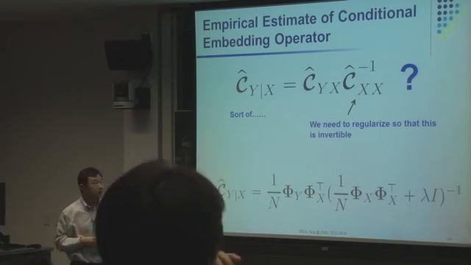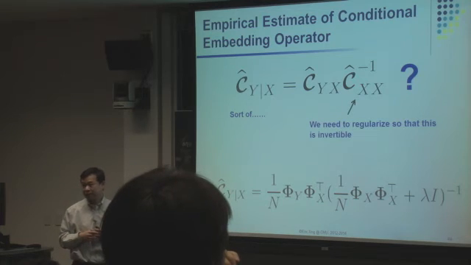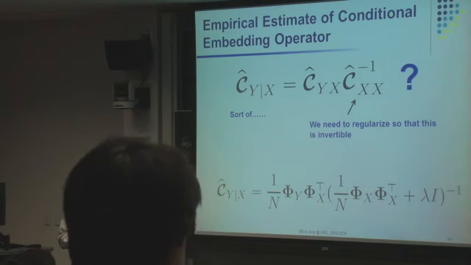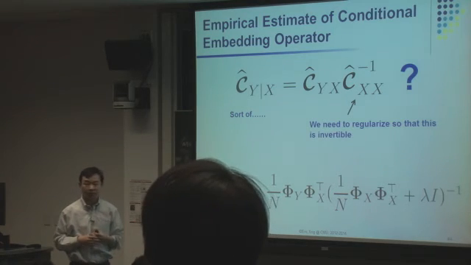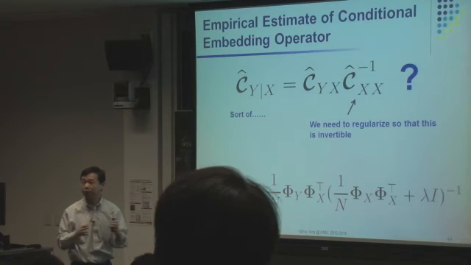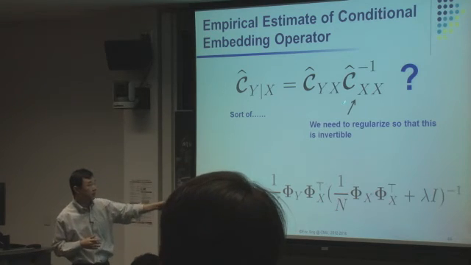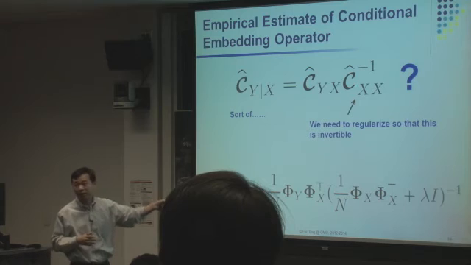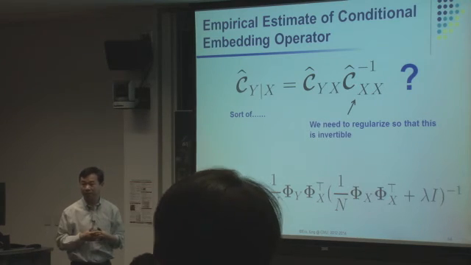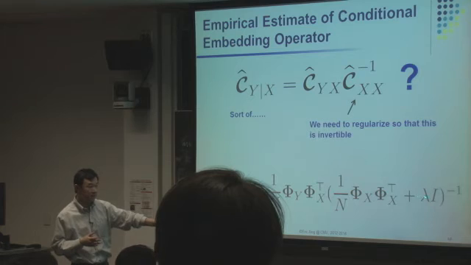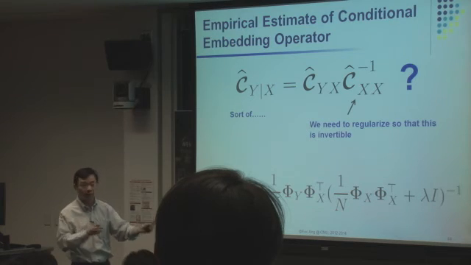If you are familiar with linear algebraic operations, you know that whenever we do an inverse in a high-dimensional space, to make sure it is invertible, we usually add a little residue to make it full rank. Because at the very beginning, we already knew that this one is not full rank. It is rank n, but the whole matrix can be very big. Even if you have an unknown number of data points, you want to make sure that at least there is this device here to make them full rank.